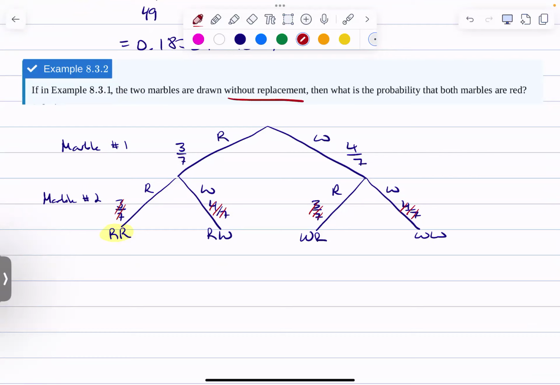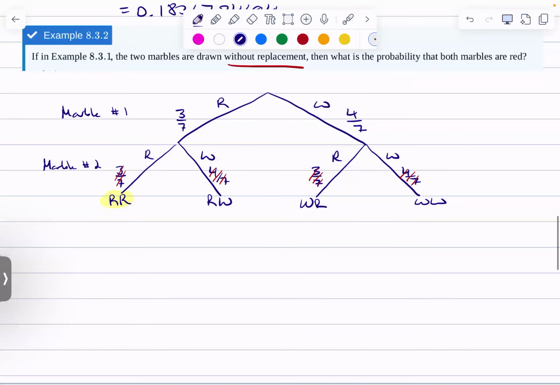Because now it's without replacement. If I've drawn a marble and I'm not replacing it, my total changes, right? Now I have 6 marbles, right?